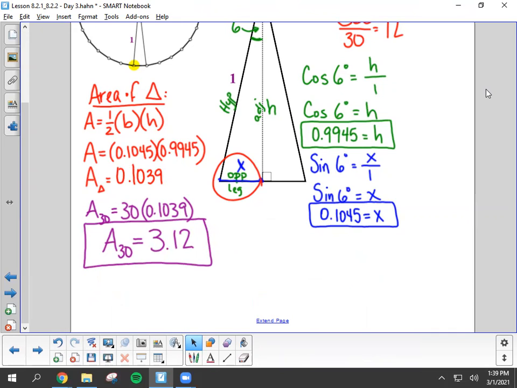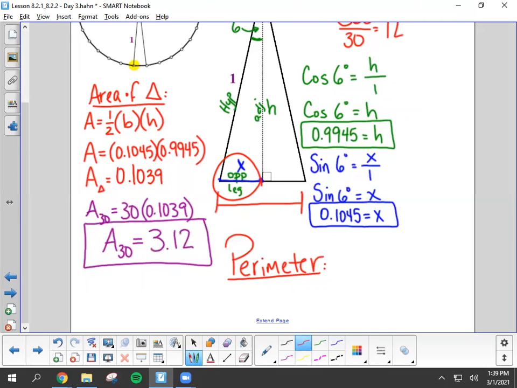Now I need to find the perimeter. So I am going to take this length, which we found that half of it was 0.1045.